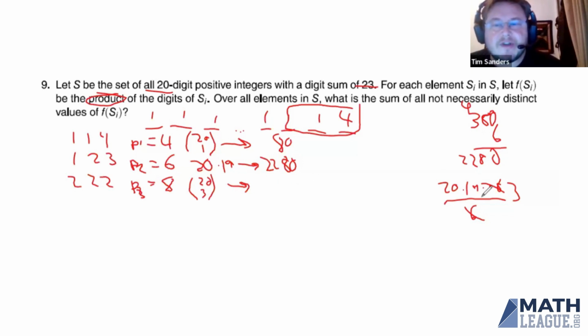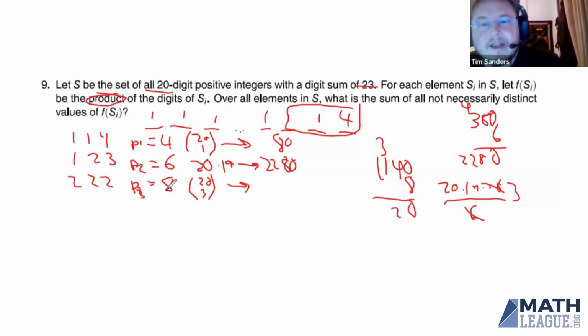My 20 choose 3 was 1140, but I have to multiply that times the 8 because that's the product for each of those. So 8 times 0 is 0, 8 times 4 is 32, and then 8 plus 3 is 11. And then I've got a 9120.